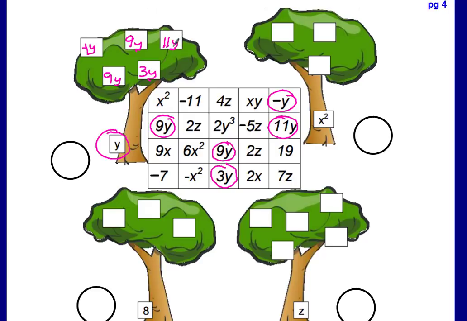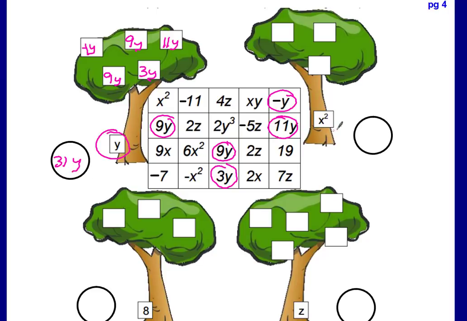Plus 11 makes a positive 22. Plus 9 makes a positive 31y's. And that goes in the circle. So for our y tree, we picked all of the y terms from our box and placed them in our tree. Then we combined all 5 of these terms to simplify it and make one y term.